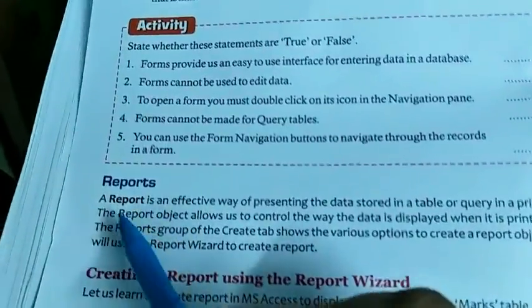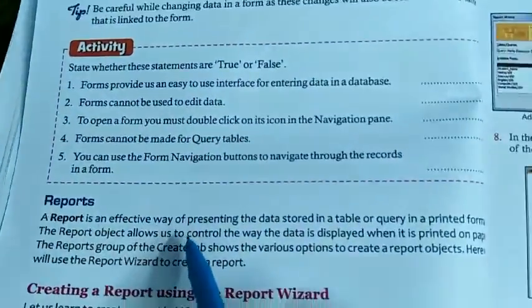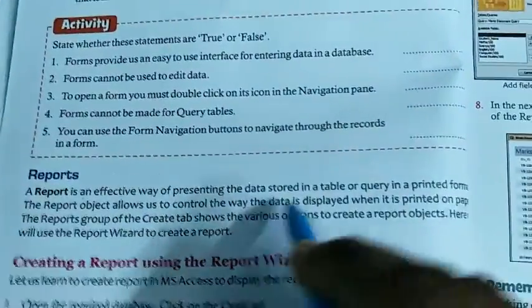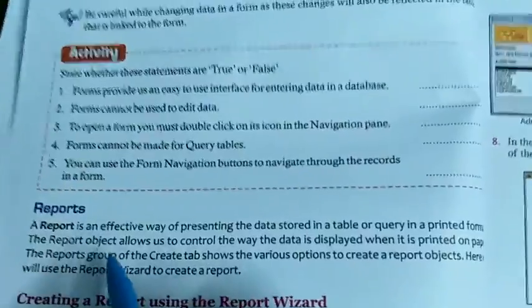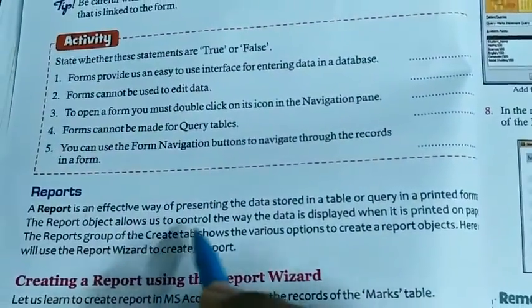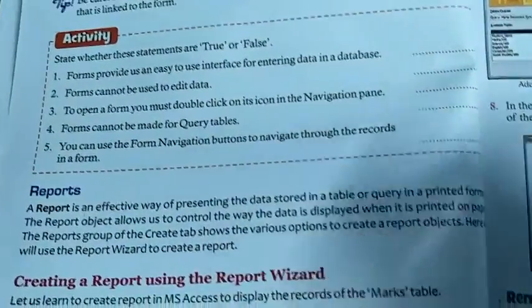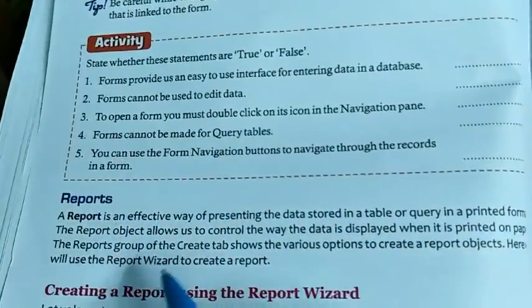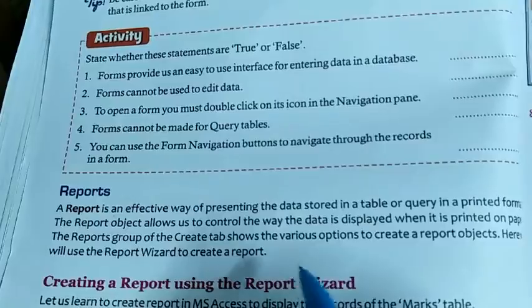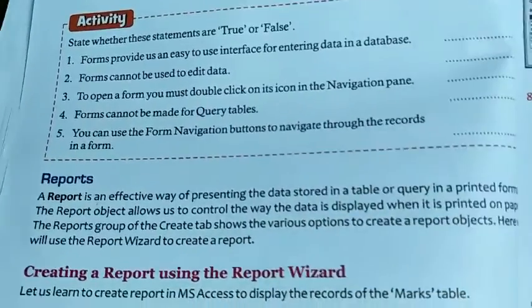Look here, a report is an effective way of presenting the data stored in a table or query in printed form. The report object allows us to control the way data is displayed when it is printed on paper. The Report group of the Create tab shows the various options to create report objects.